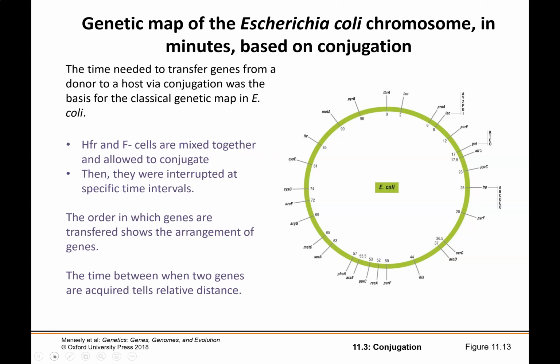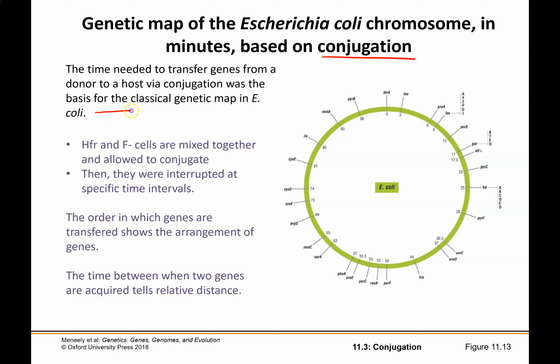This comes from the ability of cells to conjugate and transfer their DNA. The first genetic map of E. coli used conjugation in order to determine the location in quote-unquote minutes rather than absolutes, based on how long cells were allowed to conjugate.